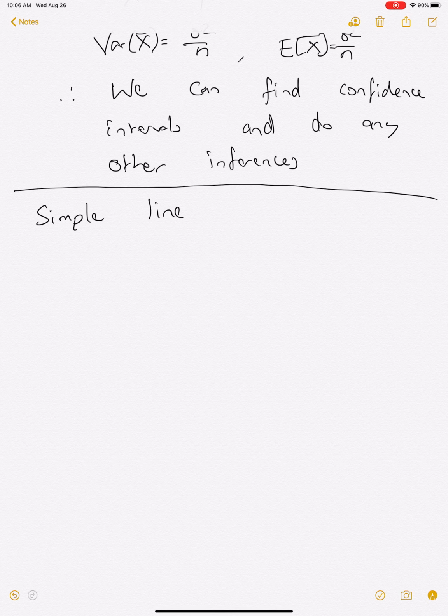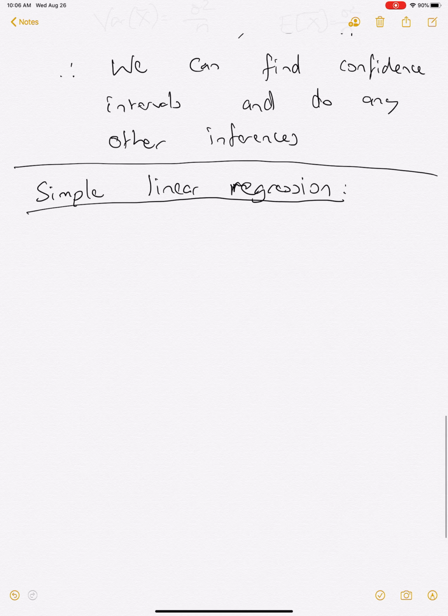So now we're going to build up towards multivariate regression by considering simple linear regression here. This is the case where, again, something you've hopefully seen before, you only have one x variable and one y variable.